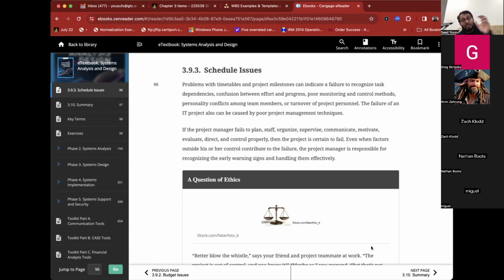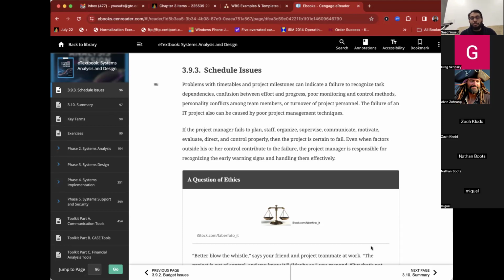So as you start noticing, some of the very important components of the project manager's job is to plan, to staff, to organize, supervise, and communicate. Communication skills have to be extremely great. On top of that, when the team gets demotivated, or if a team member gets demotivated, the project manager's job is also to motivate the team, evaluate the team so that everybody can overcome whatever obstacles or shortcomings they have, and be able to direct and control properly.